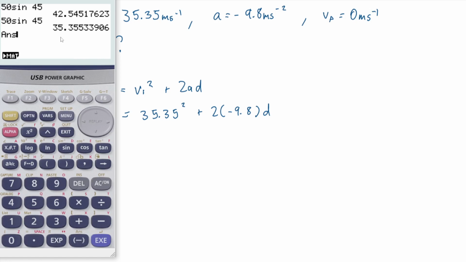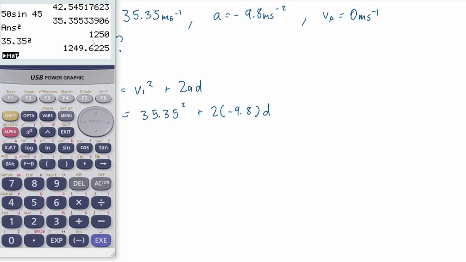That Ans is just the last number that was computed, and we wanted to square that. Notice how that compares to 35.35 squared. See how when we use the more precise number, in this case it came out to be an integer rather than a further decimal.